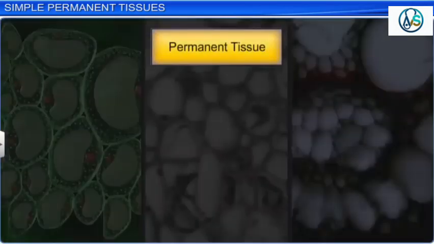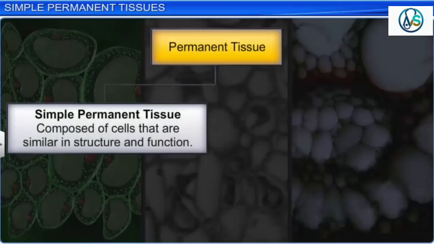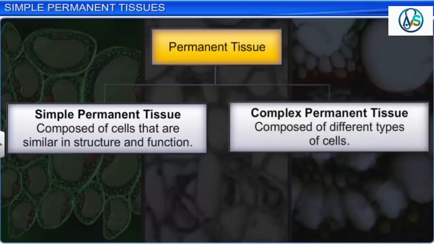Permanent tissue is of two types: simple permanent tissues, where all cells are similar in structure and function, and complex permanent tissues, which are composed of different types of cells.